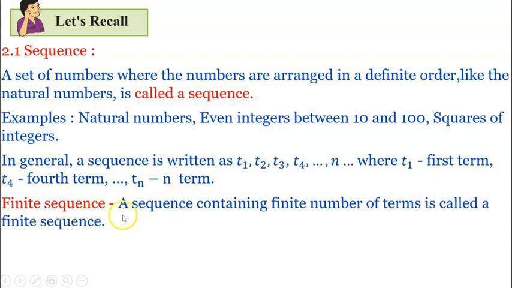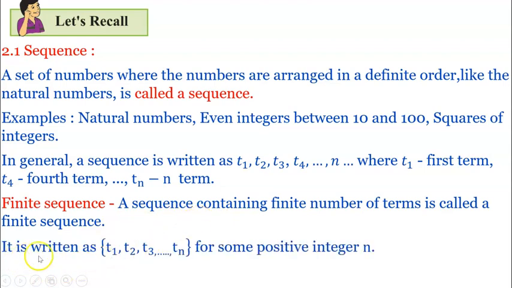Finite sequence. A sequence containing a finite number of terms is called a finite sequence. That is, we can count the terms of that sequence. Therefore, it is called a finite sequence. It is written as T1, T2, T3 up to Tn for some positive integer n.